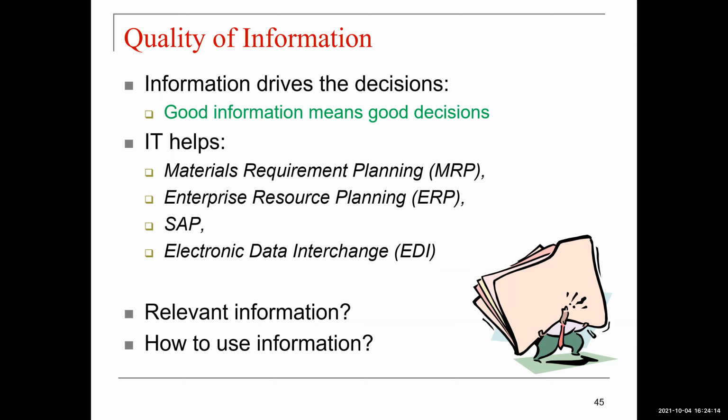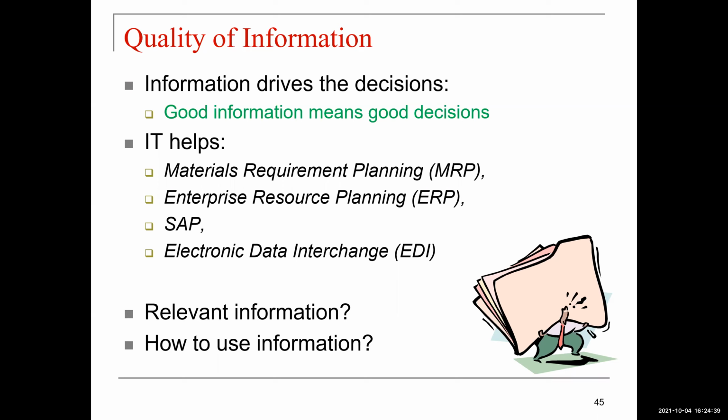So IT helps. Having information in terms of material requirement planning, MRP, enterprise resource planning, SAP, electronic data interchange, all this helps you have a good visibility of your data, your production, and your demand, and then helps you make better decisions.